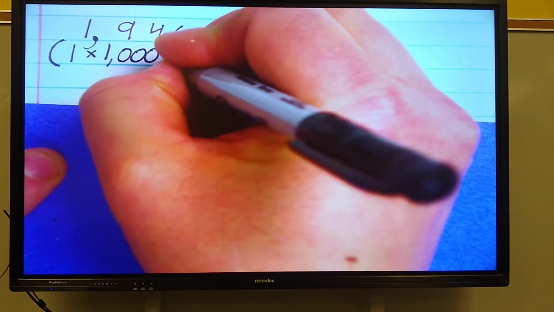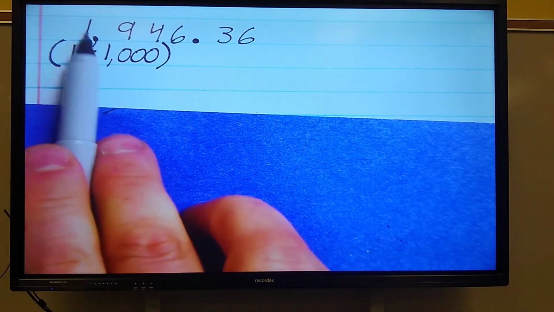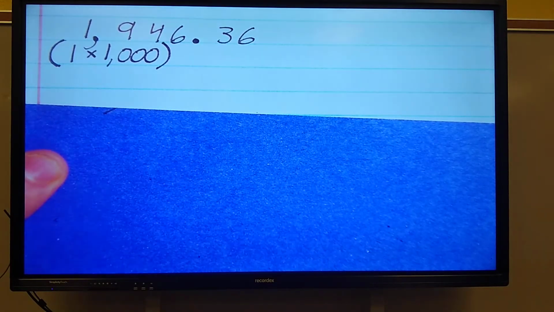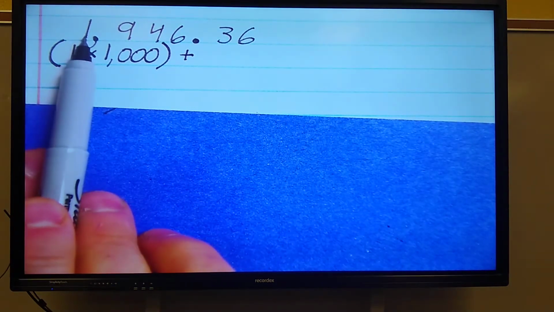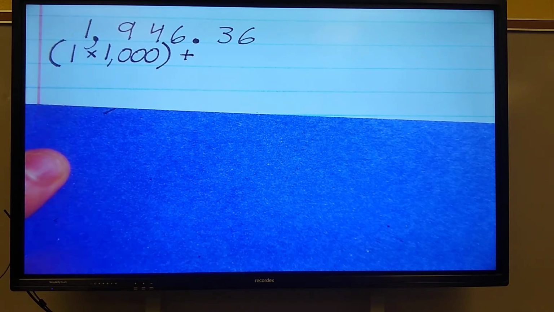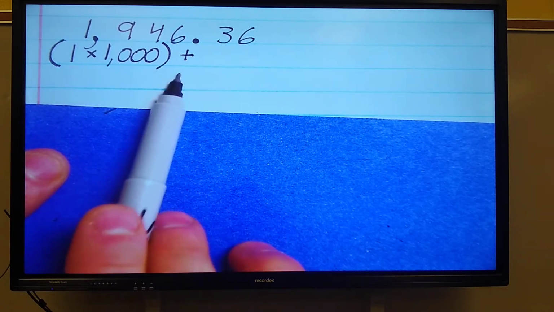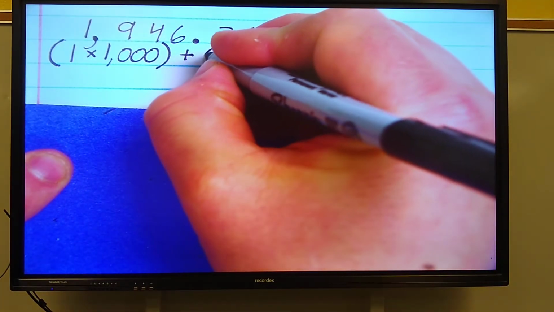And then you put another parenthesis. Okay? That's for just that 1. Now you put a plus sign. Now the value of the 1 is 1,000. 1 times 1,000 equals 1,000. Then you put a plus sign. Then you put another parenthesis.